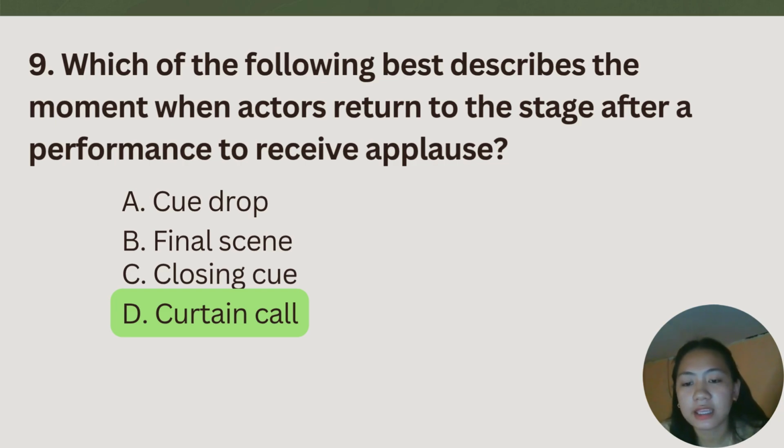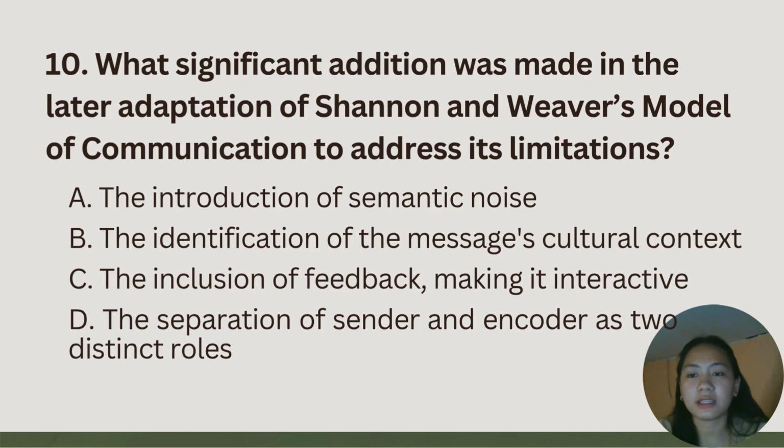Okay, next item number 10. What significant addition was made in the later adaptation of Shannon and Weaver's model of communication to address its limit? Again, what significant addition was made in the later adaptation of Shannon and Weaver's model of communication to address its limit?